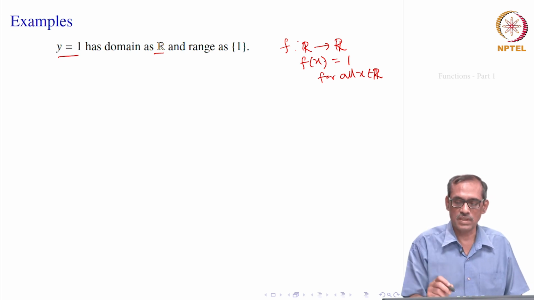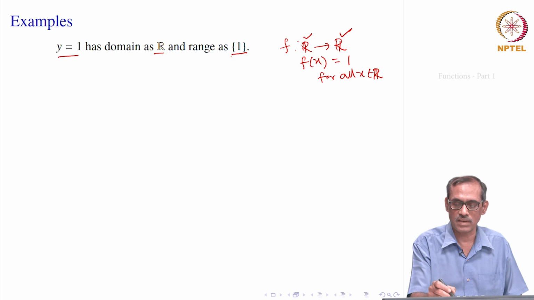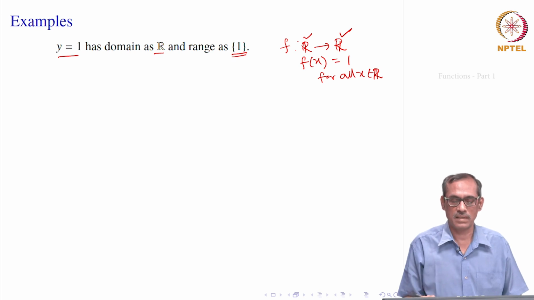So, now this is defined for every element in R. So, we say its domain is R and its codomain is also R, but then everything in the codomain is not mapped, the only thing mapped is 1. So, its range is the set containing 1, the singleton 1, that is its range, and domain is the whole of R.